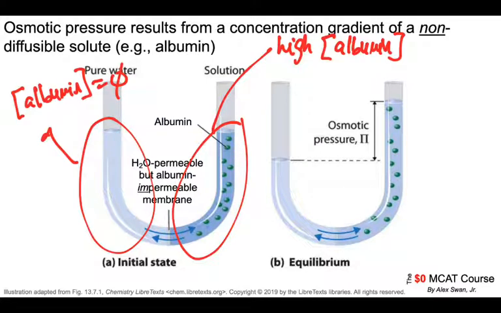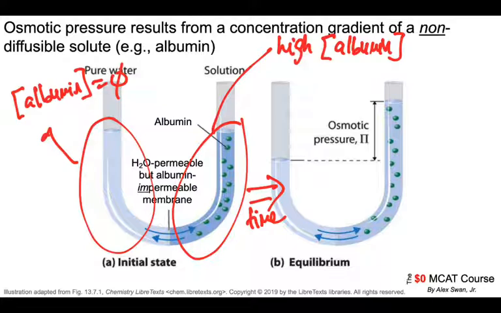What's going to happen over time, and this is going to occur over time, not immediately, is fluids are going to move across this semi-permeable membrane in order to equalize this concentration gradient.